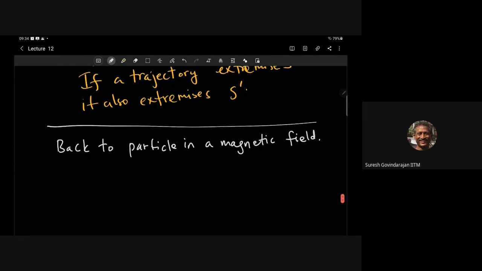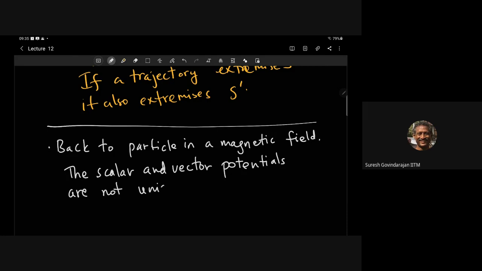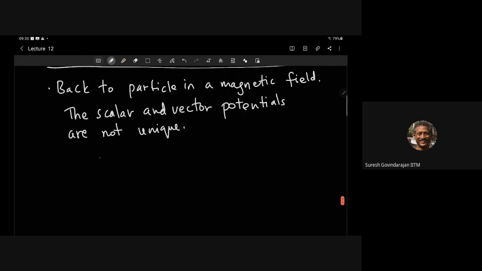There, the scalar and vector potentials are not unique. So we can have two sets of these.